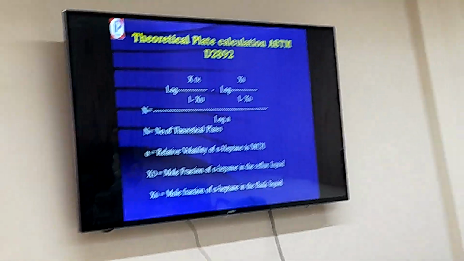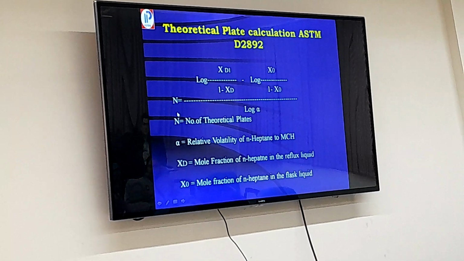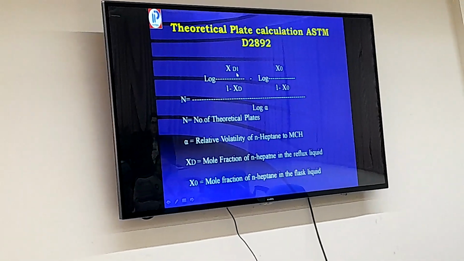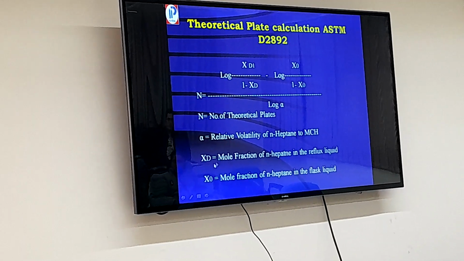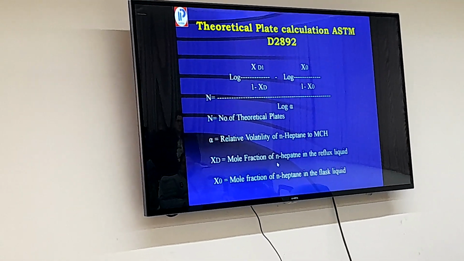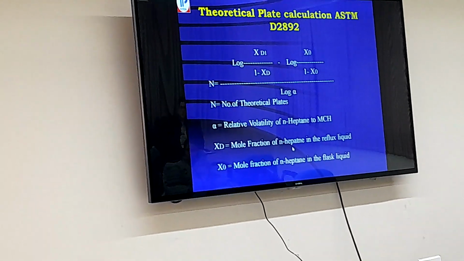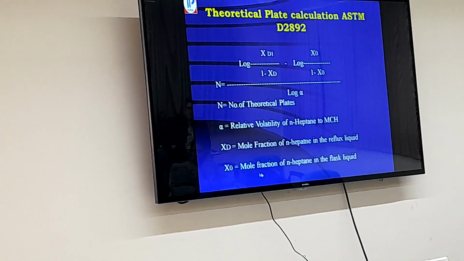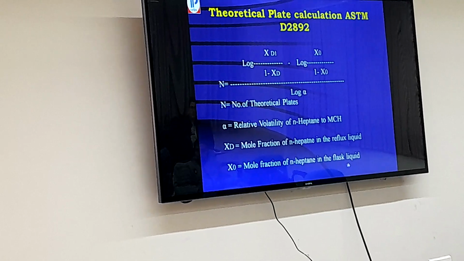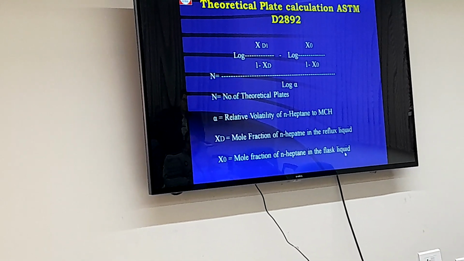N is the number of theoretical plates. XD is the mole fraction of normal heptane in the reflux liquid. X0 is the mole fraction of normal heptane in the flask liquid.